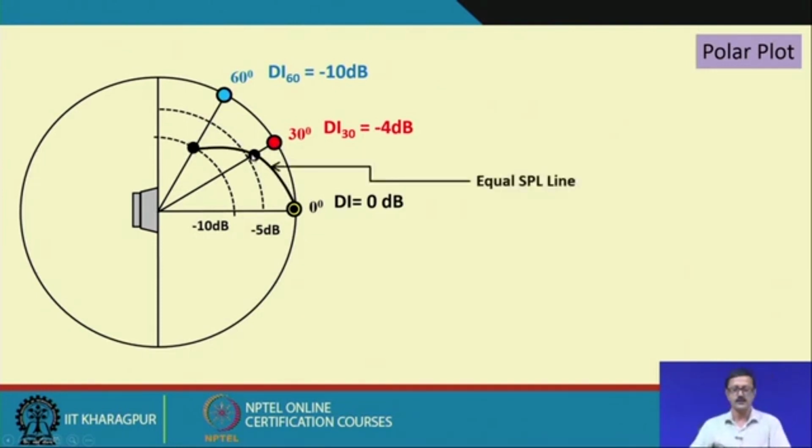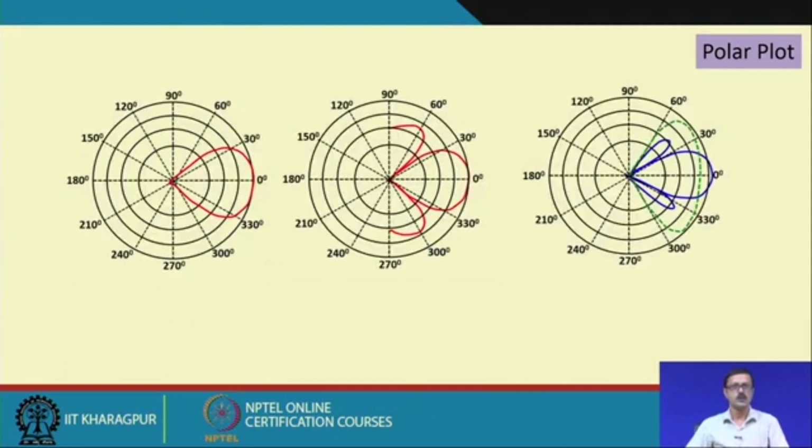And finally, if I draw these points in the various circular segments in a curve, I can actually draw an equal SPL line, and this is called the polar plot of the loudspeaker. So, this kind of polar plot can be drawn.